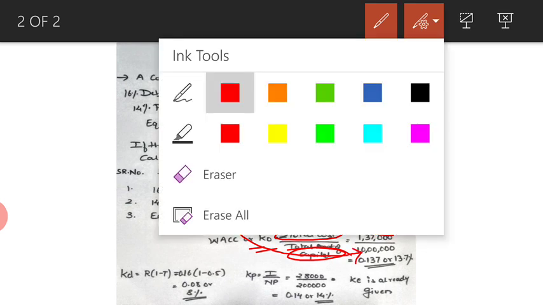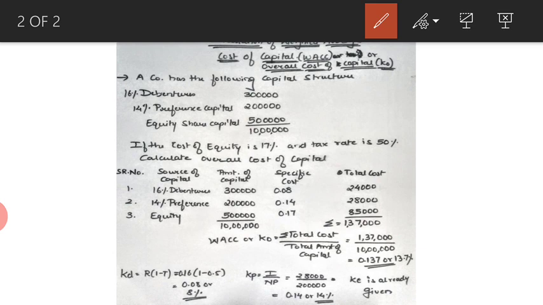So 1,37,000 divided by 10 lakhs gives you 0.137 or 13.7%. So what is this 13.7%? It is the overall cost of capital of this particular company, or the weighted average cost of capital of the company. This is also regarded as the minimum required rate of return on investment.